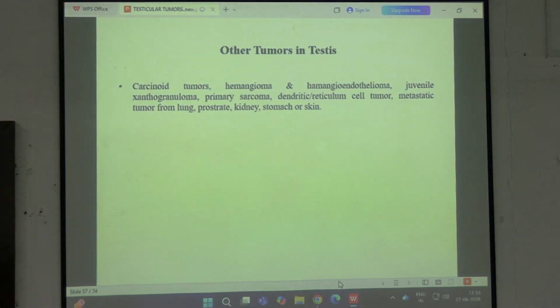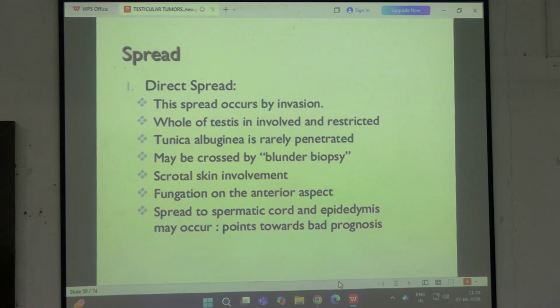Okay, there can be other tumors, which are not very important, but because there is presence of muscle, fat, whatever normal structures are present in the testis, from that any kind of mesenchymal tumor can arise, right? Okay, how does it spread?